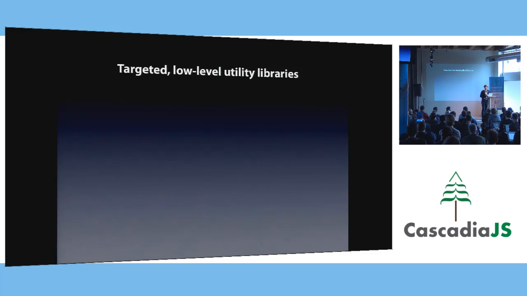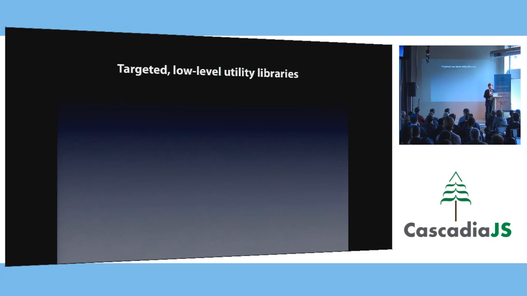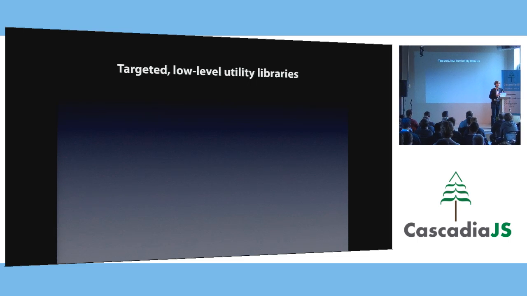So what are some of the lessons that we learned at Voxer while trying to roll our own utility methods? The first one is to write low-level targeted utility libraries, ones that work particularly well for our use case. Going back to the attributes and properties example that I mentioned, the contentEditable property and its corresponding attribute are buggy in older versions of IE, which only accept one of 3 values.